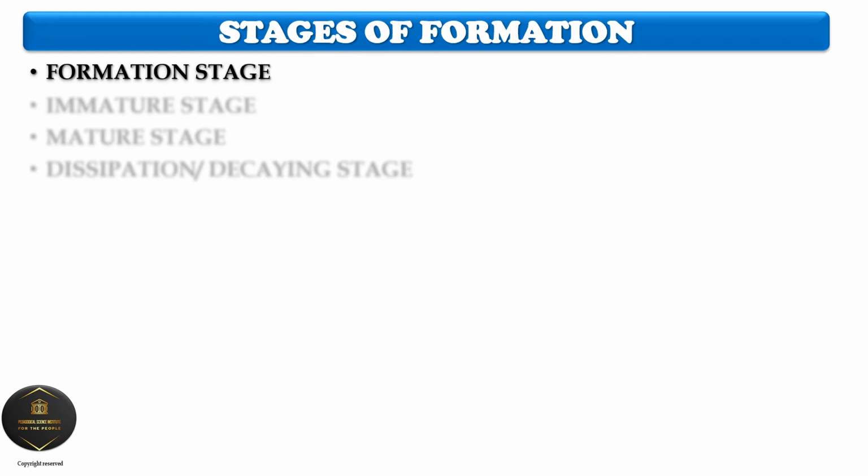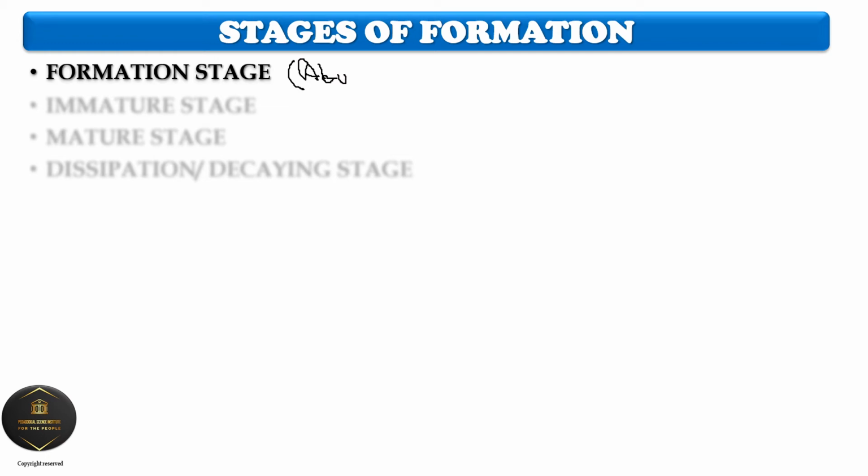So going back to it, in the formation stage, remember I said pressure drives the system. So in the formation stage, we have a very basic thing happening. That is when the system is still forming, right?